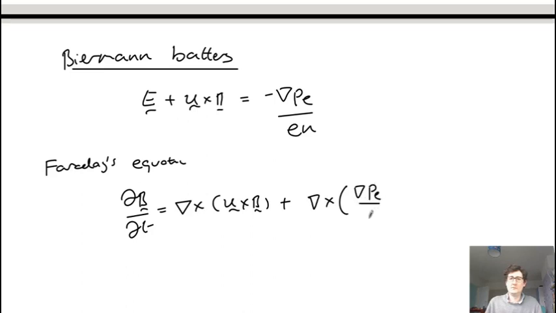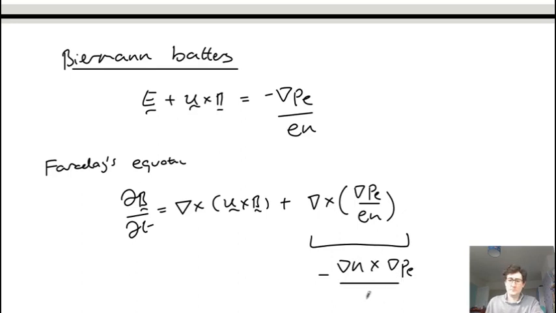So we have this gradient of electron pressure over en. And this term you can rearrange, and it just becomes grad n cross grad p over n squared.